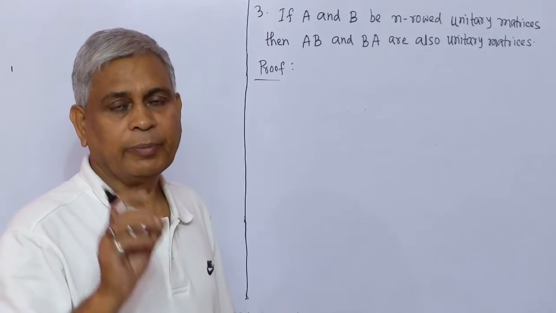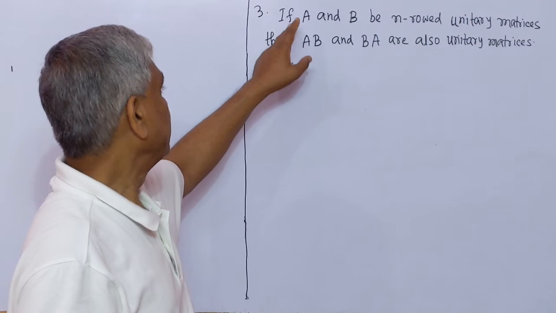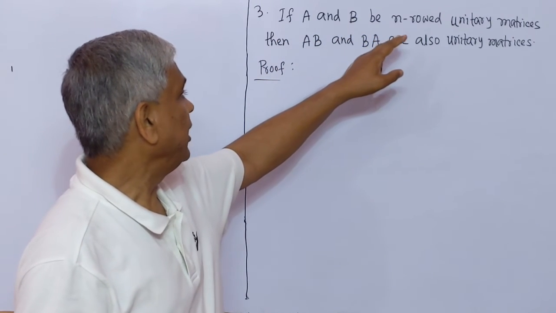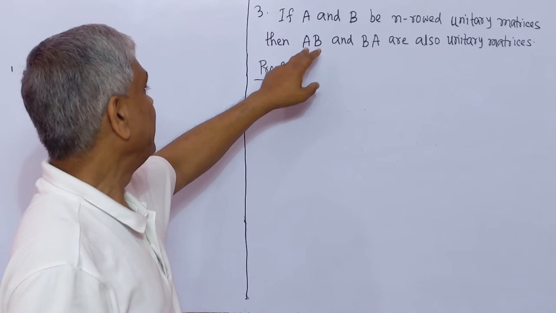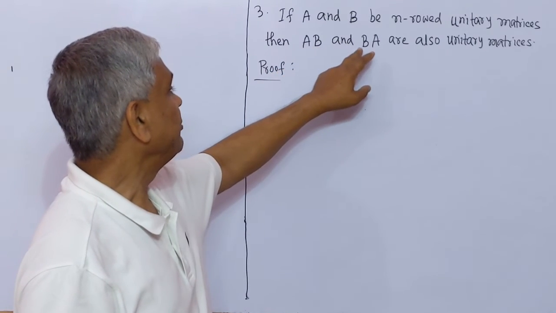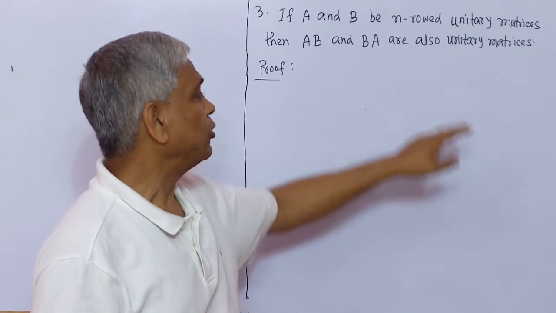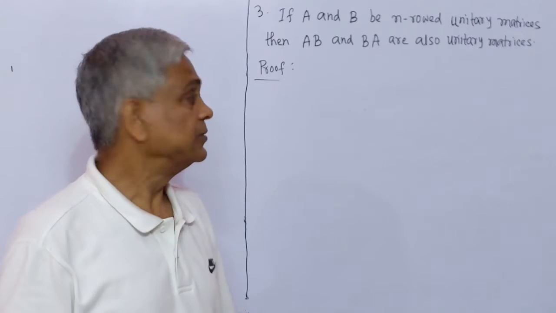Now, number 3 property. If A and B are n-rowed unitary matrices, then A multiply B and B multiply A are also unitary matrices.